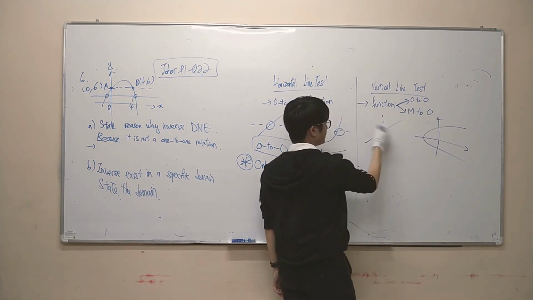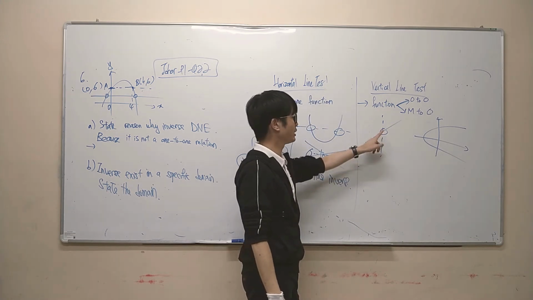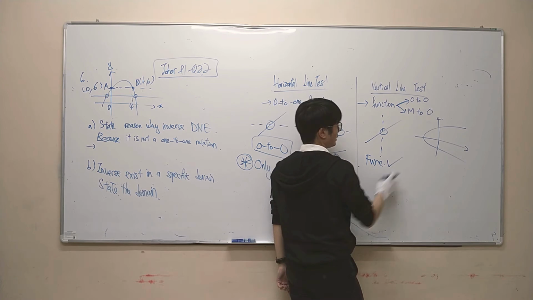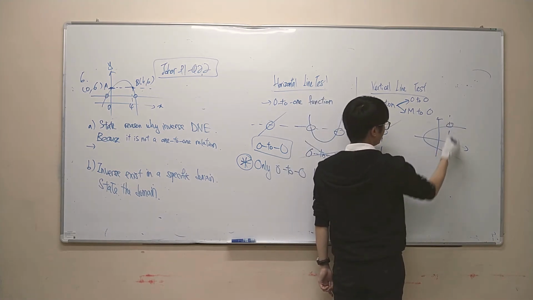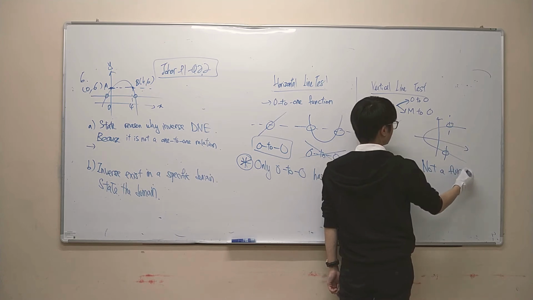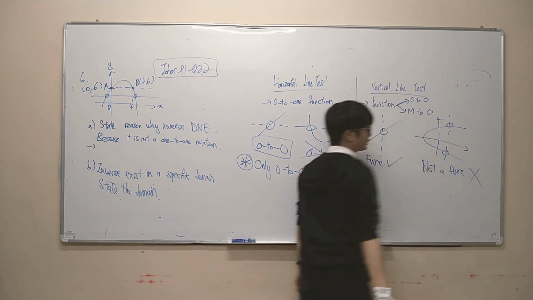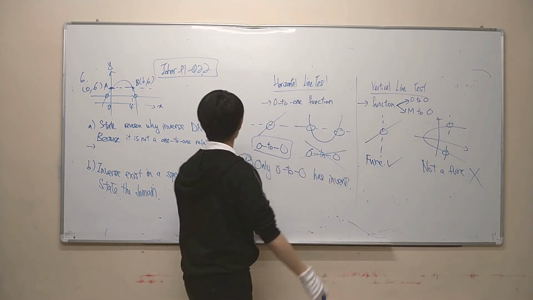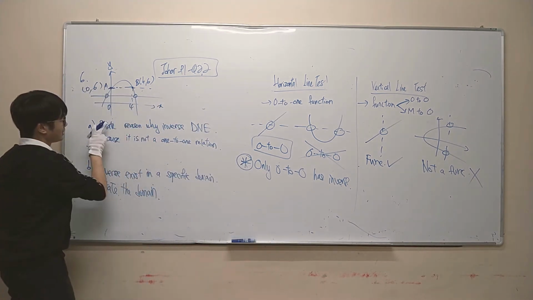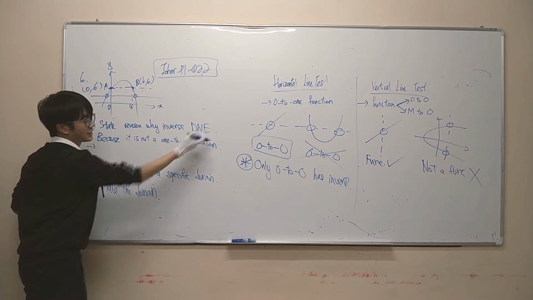You test and see how many intersection points. If 1, this is a function. If there are 2 intersection points, it's not a function.